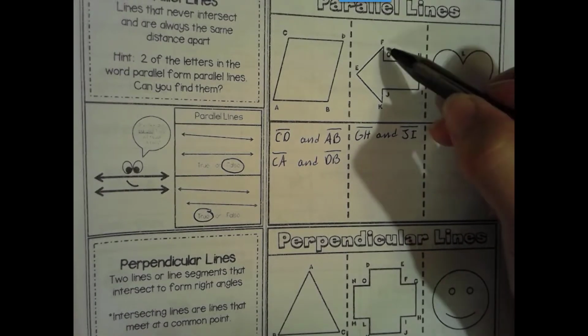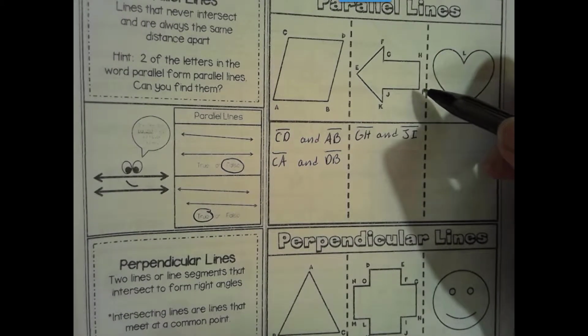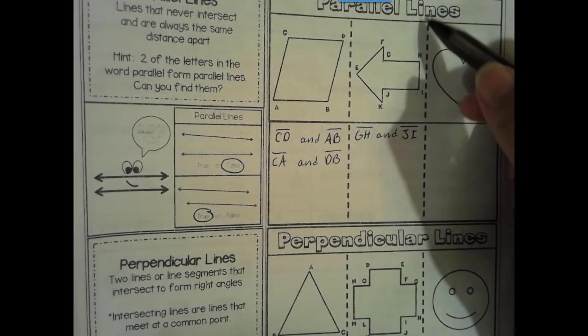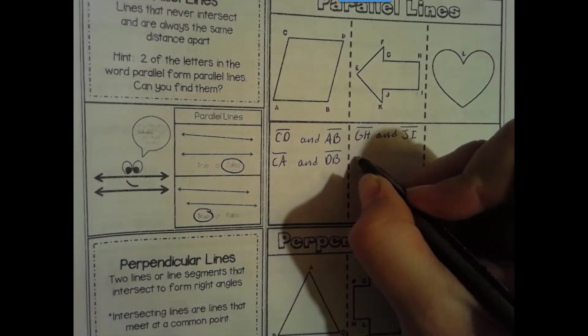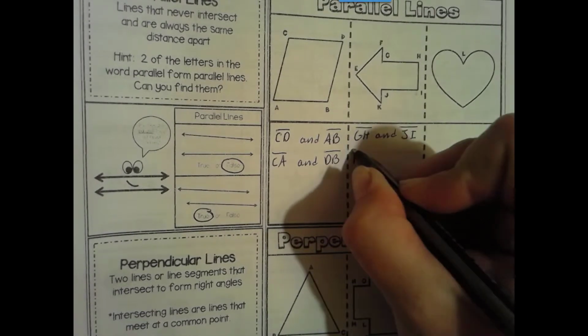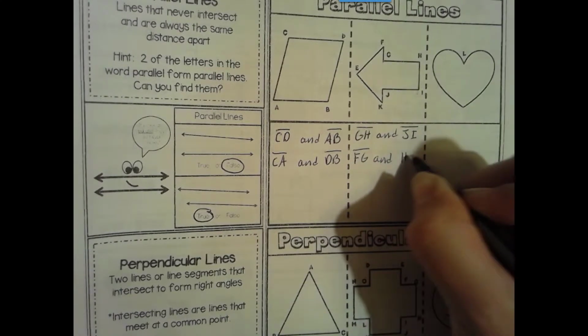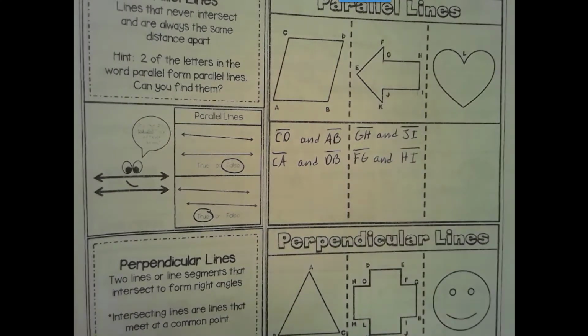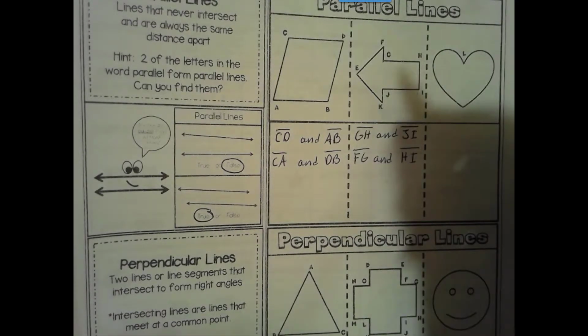Let's see, FG is actually parallel to HI. If I extend those line segments out, they would never cross. And then the same thing for JK and HI.